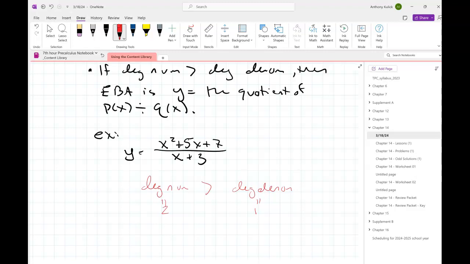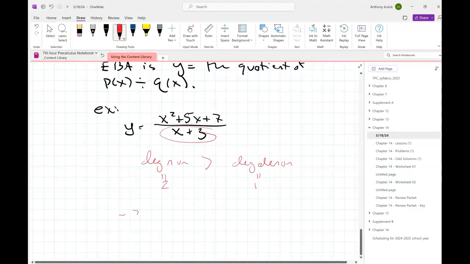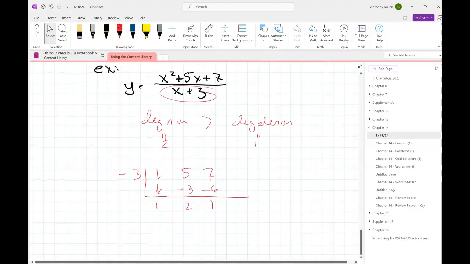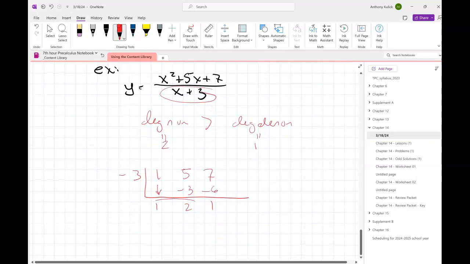How do you know I can use synthetic division? So degree 1 and leading coefficient 1. Very good. Yes. So I'll do my little setup. This is the only piece I care about.